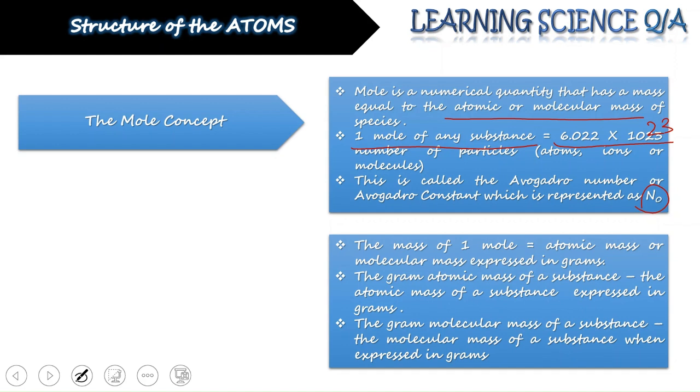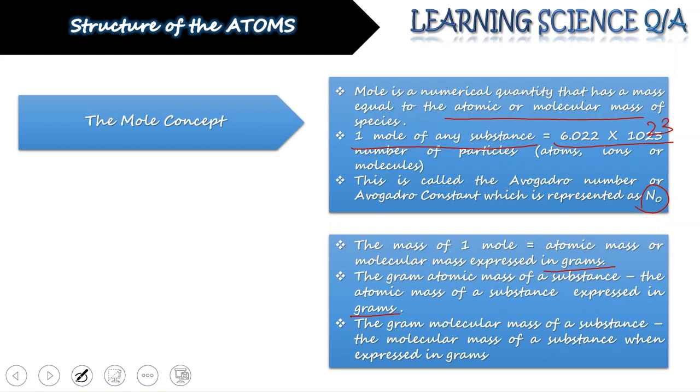Now, the mass of 1 mole. The mass of any substance which is 1 mole is equal to its atomic mass or molecular mass expressed in grams. If we are talking about the gram atomic mass of a substance, the atomic mass of the substance is expressed in grams.